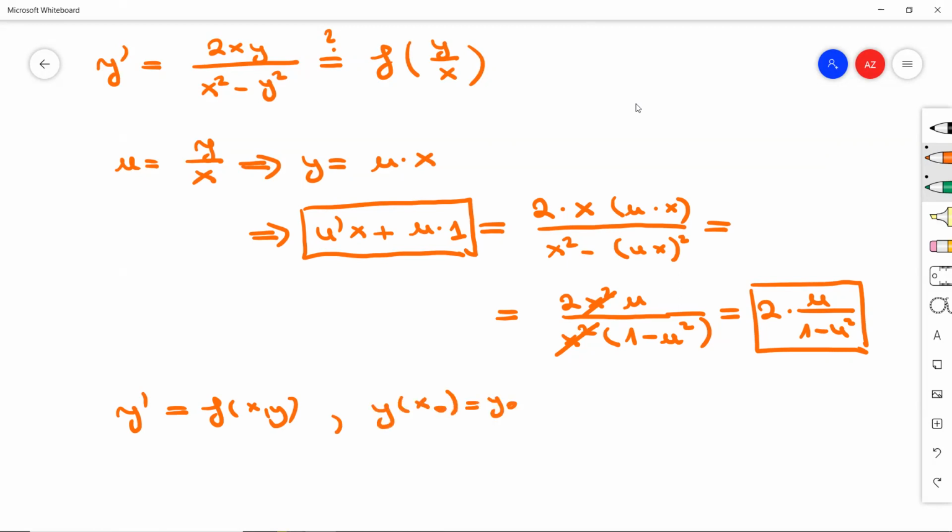Without an initial condition, we know that the solution is not unique, but let's say that we fix some initial condition, then we expect that there should be a unique solution, and we will say something about the existence. And the existence, of course, depends on this function f.